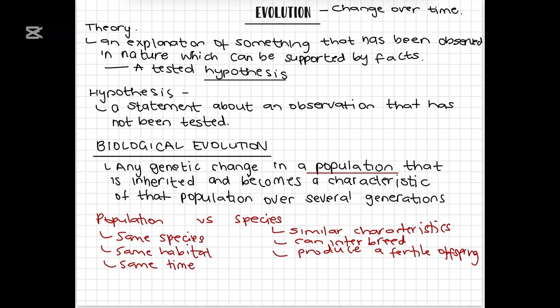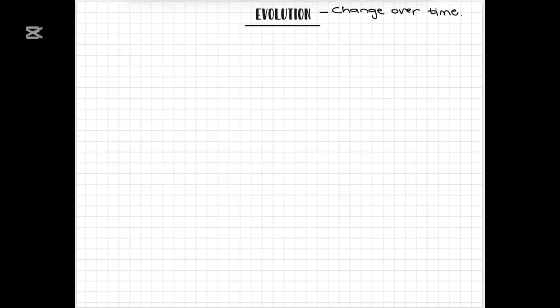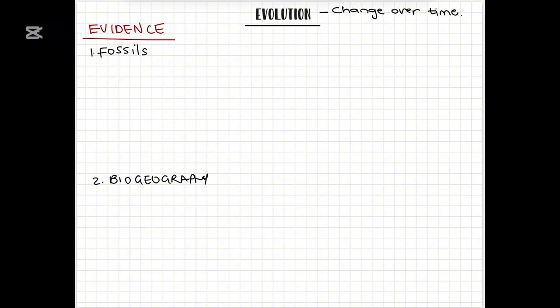So we've looked at some key terminologies that we are going to be using over this topic, but let's look at why evolution is supported. It is supported because there is evidence to show that this is a theory and not just a hypothesis. So we have 3 evidence for evolution, that is fossil evidence, biogeography, as well as genetics. I'm just going to separate that into 3 categories and we'll look at each one individually.